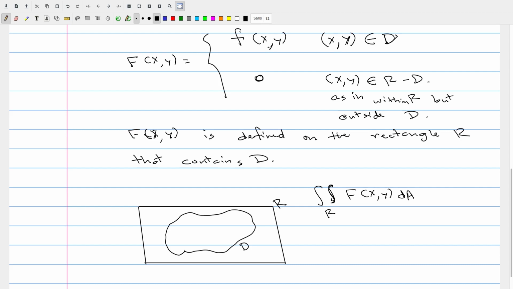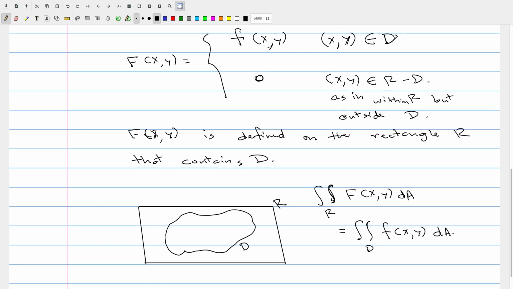This is equal to the double integration over the region D of small f(x,y) dA.